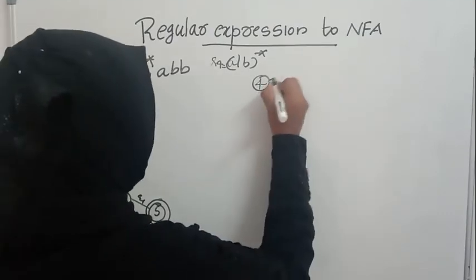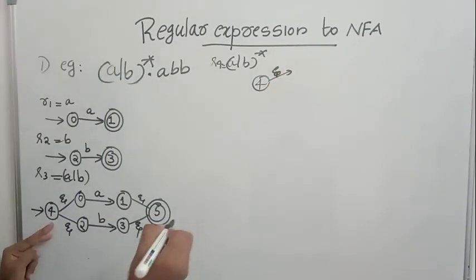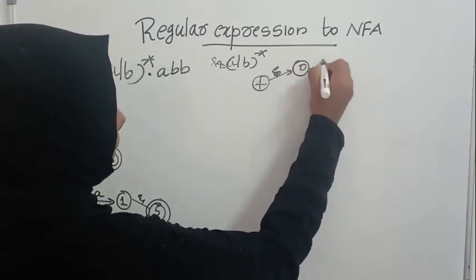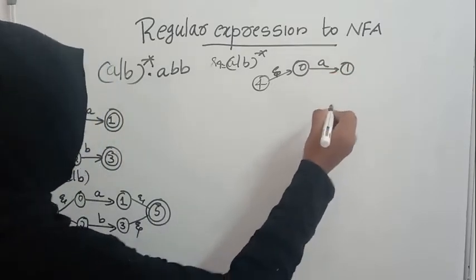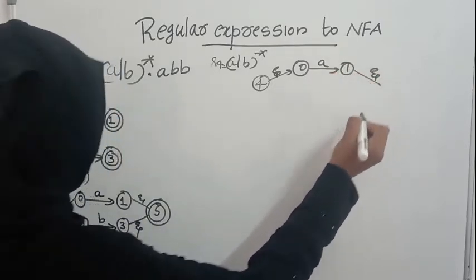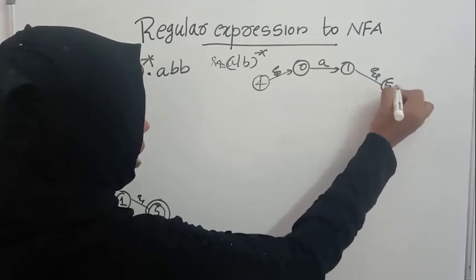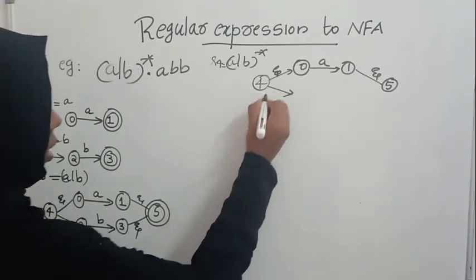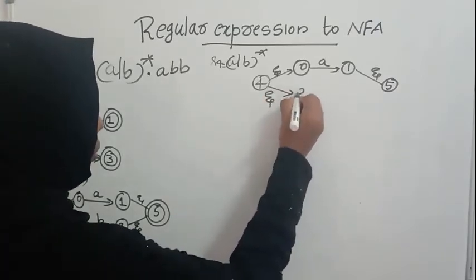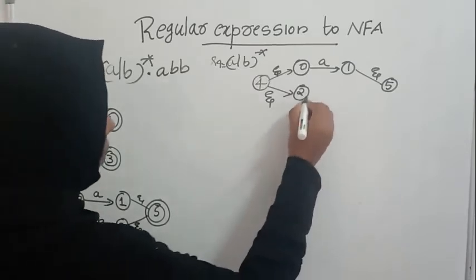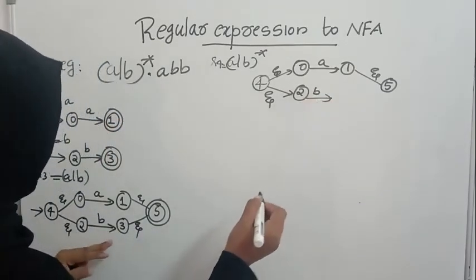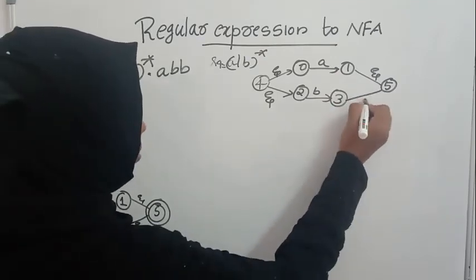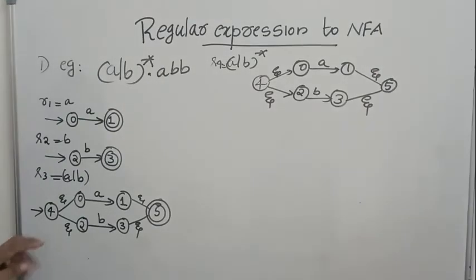So 4, epsilon, 0, A, 1, epsilon. Again we won't be drawing the double circles around the final state as we will be including a new final state. Epsilon, 2, B, 3, epsilon to 5. So this is the NFA for A or B.